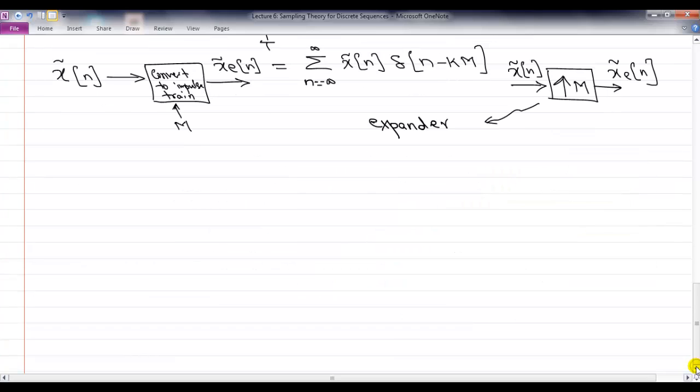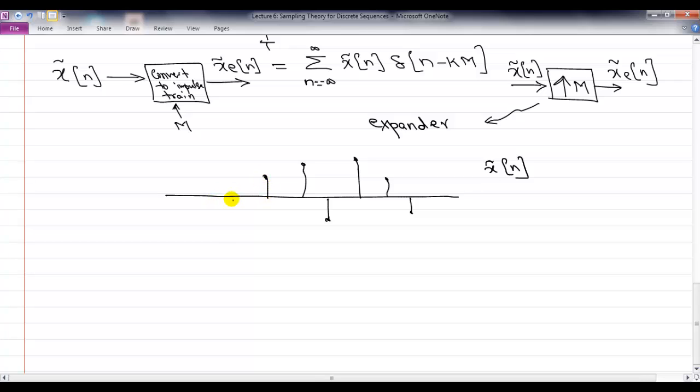What does an expander though do? You are given a sequence. You're given x tilde of n, and this is your sequence value. The expander effectively puts in m minus 1 zeros between two successive samples.